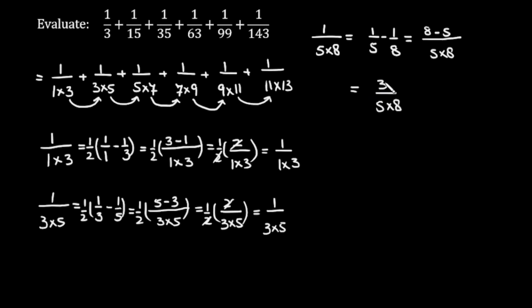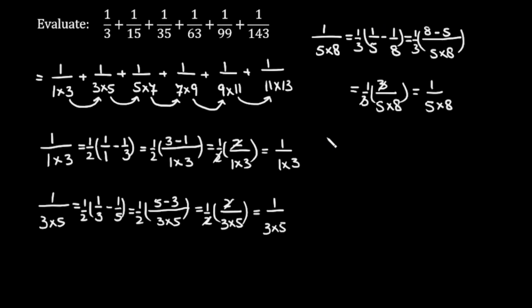So as you can see, number 3 in the numerator and number 1 in the original term. So I have to make a few adjustments, multiplying with 1 over 3 to get the same result. So 3 cancels with 3. I will get 1 over 5 times 8. So as you can see, this term can be written in the form of the subtraction of two terms.